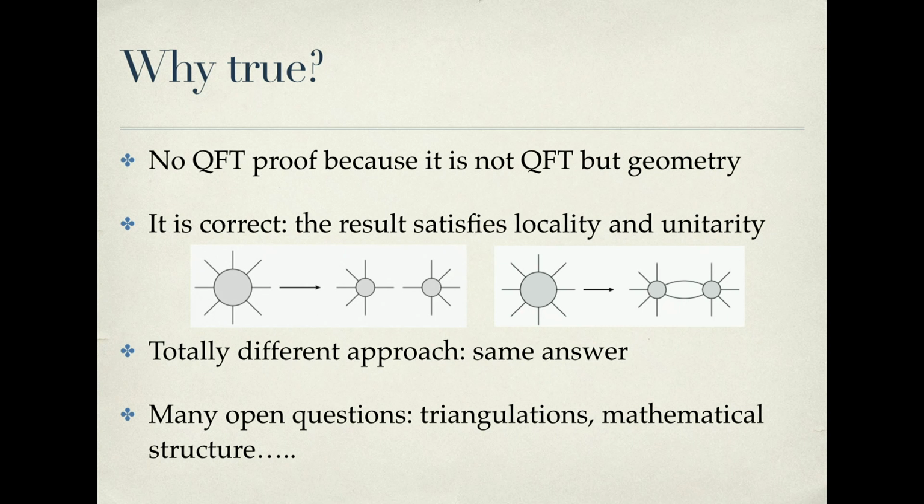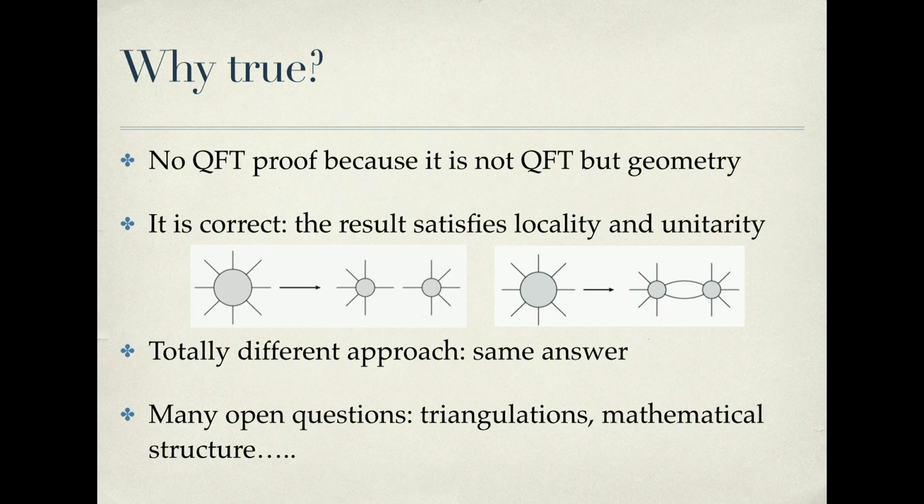So why is it correct? Well, it's correct because despite we cannot start with the N equals 4 Lagrangian and show that it gives the same amplitude, that's absolutely impossible, we can show that whatever we get as a result for this differential form, it satisfies the properties of locality and unitarity. So that form factorizes.